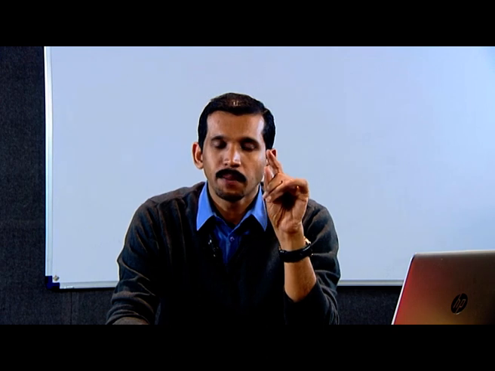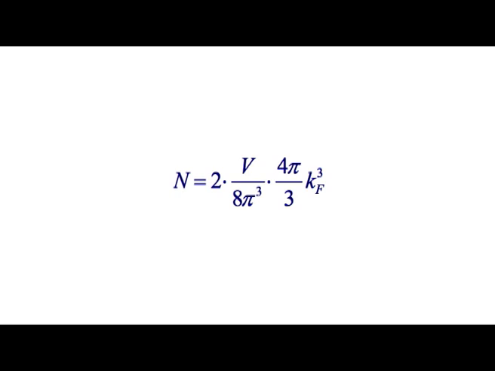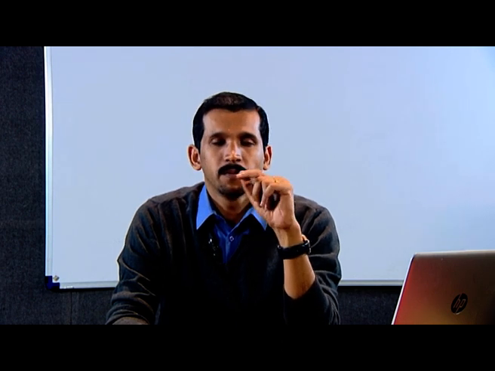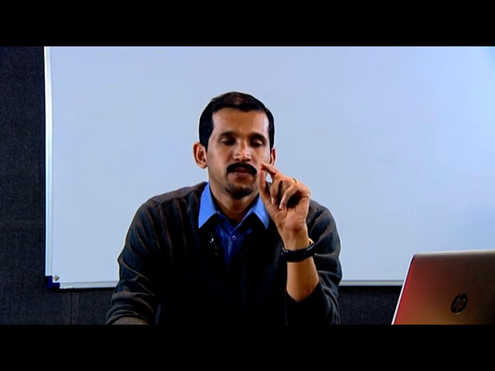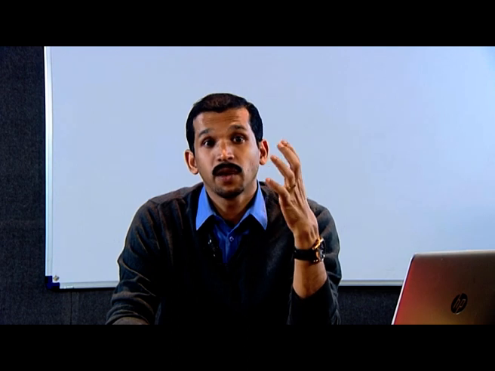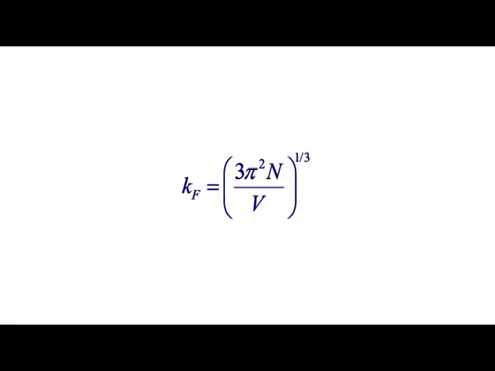So, if we take the number of electrons to be capital N, I will write it as 2 into 4/3 π k_f cube divided by (2π/L) the whole cube. If I take L cube to be equal to capital V, I will get V/3π² into k_f cube, which is equal to N, and k_f gives the measure of the Fermi sphere. So, k_f is equal to (3π² N/V) raised to 1/3.